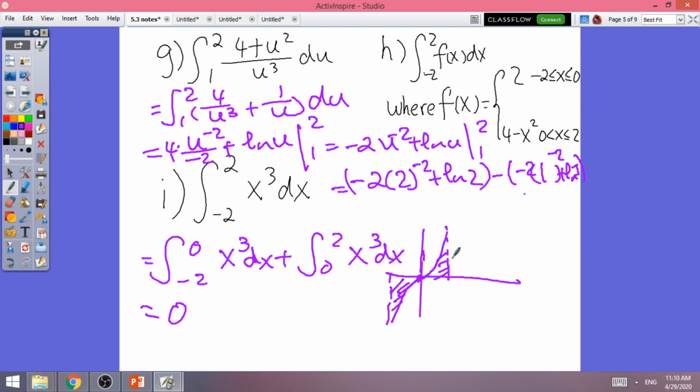That part of the area is underneath the x-axis, so it's negative. The other part of the area, right above the x-axis, is positive. Since those two shapes are symmetrical, eventually they're going to cancel each other out. So 0 here. You can still go through FTC part 2, but eventually you're going to find out it's the exact same thing. Everything got canceled, so 0. Okay, so now let's see what else.